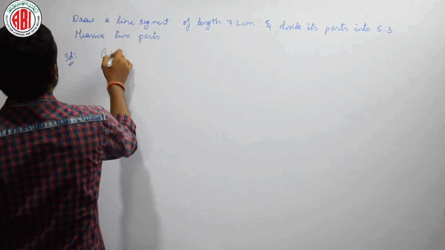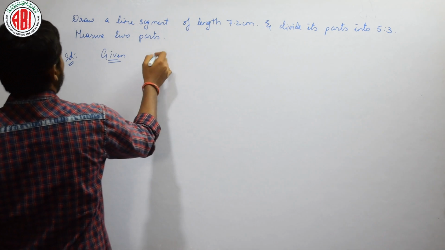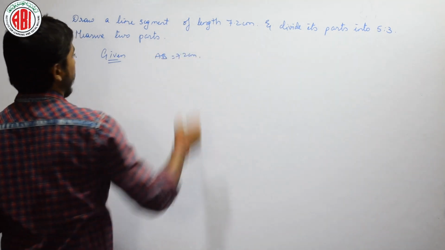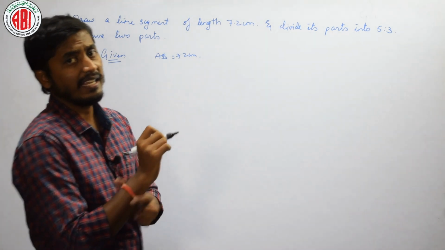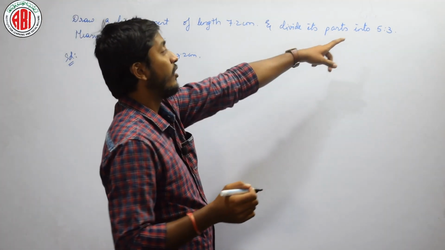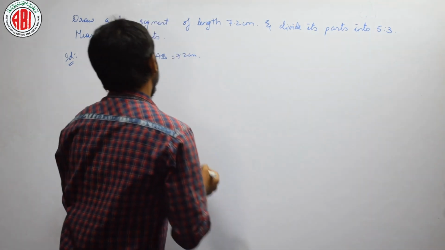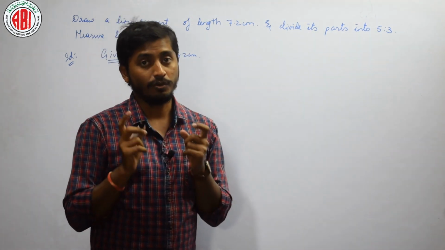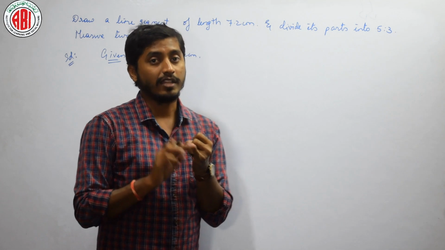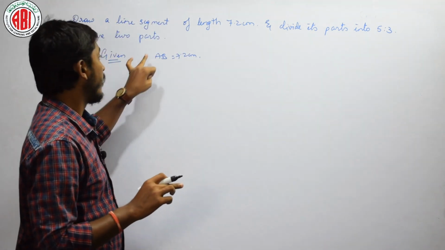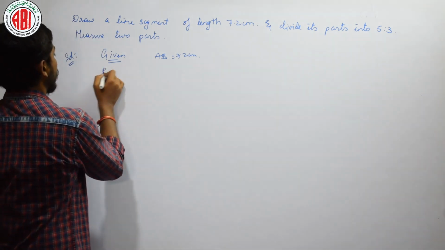What is given? Given length AB is equal to 7.2 centimeters, and we are asked to divide it in the ratio 5:3. Now let us draw. Once again I am telling, whenever you do some construction there should be the given, and RTP also.